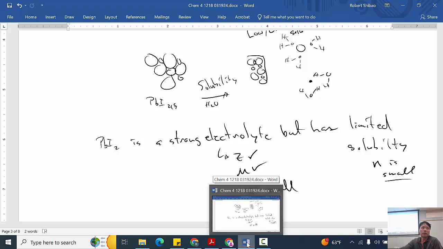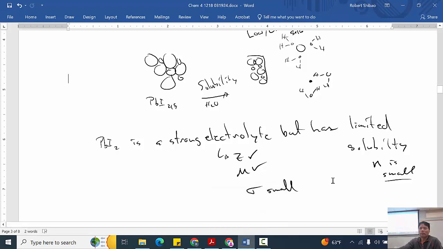Could you say that also about the sodium chloride one? That technically the electrolyte is strong, but because of, I don't know, it depends on how dissolved it is. Sort of. For lead, it's limited solubility. For the sodium chloride, it was because of dilution.